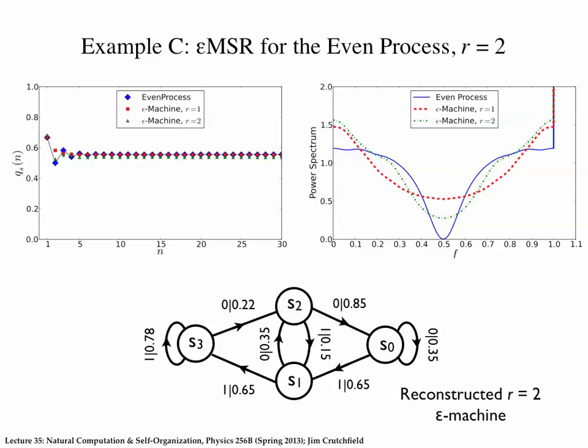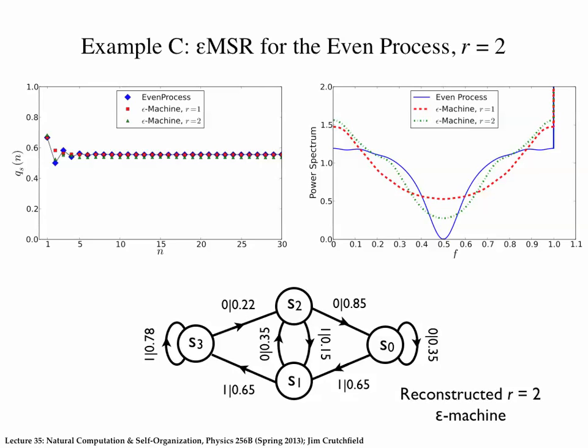There are a couple of comments I'd like to make, though. First of all, you might assume that looking at S0 and S1, since they both have the same probability of seeing a 0 and a 1 out of these, we can collapse these two into the same causal state. But in fact, we can't, because we want to look ahead not at length 1 sequences, but at length 2, since the spirit of this epsilon machine is really looking at memories of length 2.